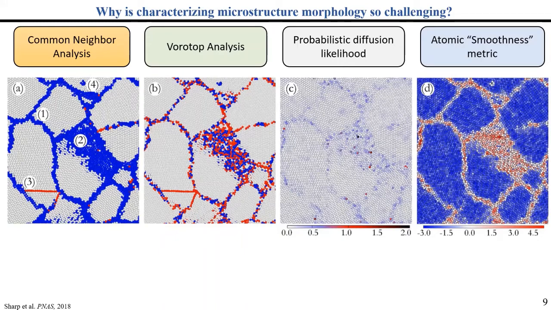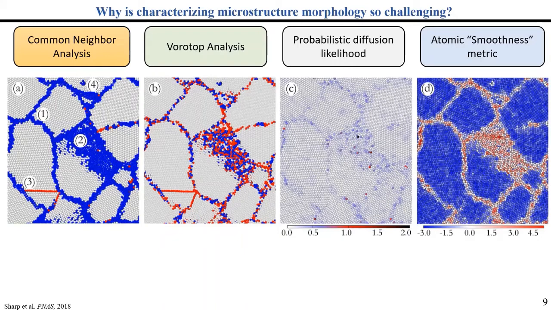Arguably, the best one is the smoothness metric, but it still suffers from the same problem that these bond angle order parameters suffer from, which is that as the system becomes more and more perturbed, I begin to get significant overlap between highly disordered and perturbed crystal structure.